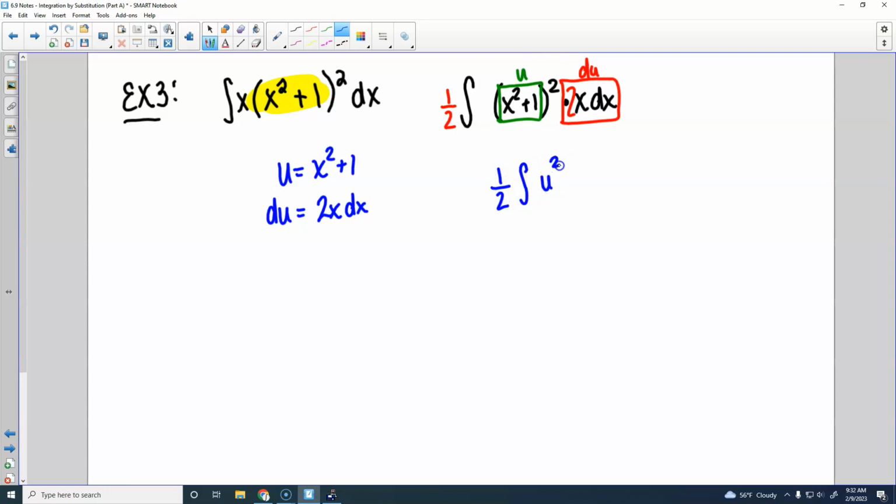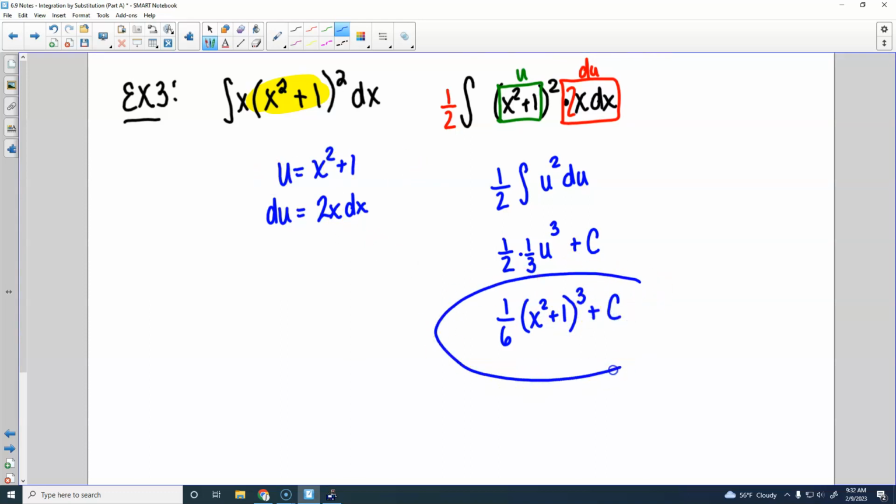We got u squared du, and we will integrate. So we'll do u to the 3rd power, and we'll have 1/3 out front. Put a plus c. And so that'll give us 1/6. You can plug the u back in, and this will be your answer.